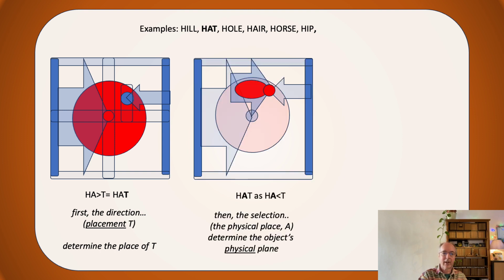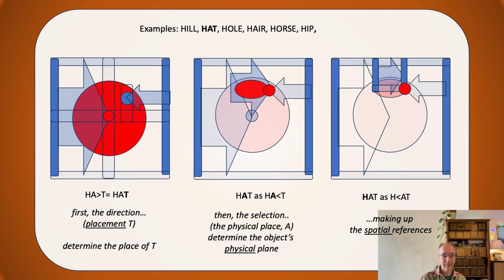Then we make the selection. The selection is the physical part. The A, the physical part, is determined as well. It is the physical plane that we have in the hat, in the middle letter. And from there we will have the spatial reference, the context again. So we go from one end, H-A-T, to T-A-H again, so that we find out what we have as a reference point in hat.